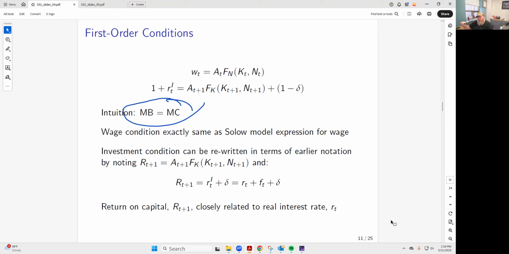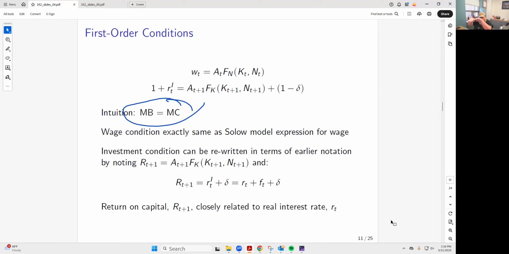So basically, you're going to hire individuals up until the point when the cost of doing so just equals the benefit of doing so. So the marginal cost, that is the additional wage paid to a new employee, compared to the addition to my production function from hiring that individual. I will not hire someone who costs me more than they will add to my production function.